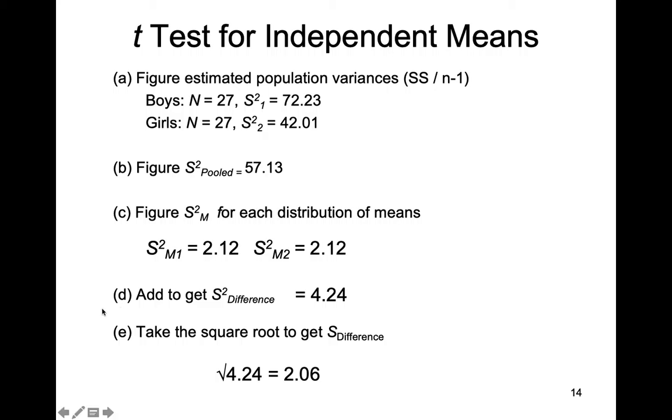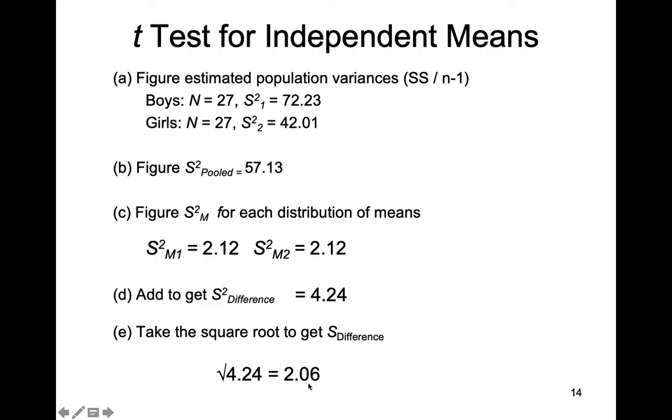And this 2.06 is directly interpretable. What that is telling us is that we can expect any two means that we sample from our population of boys and our population of girls to differ by 2.06 popularity points. That was the metric that we're using.